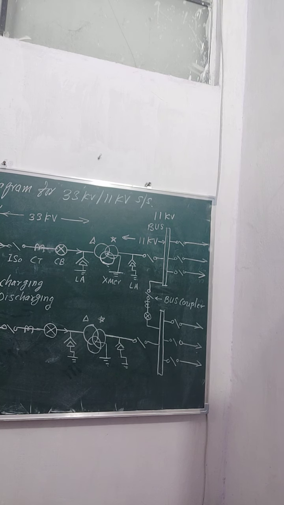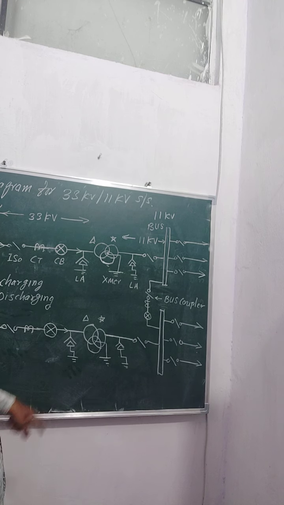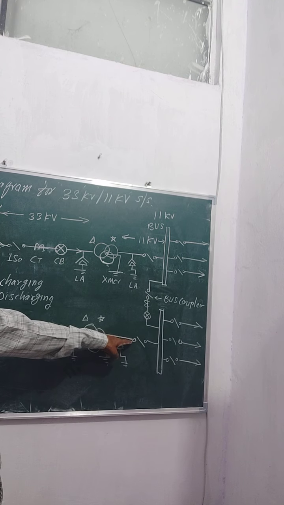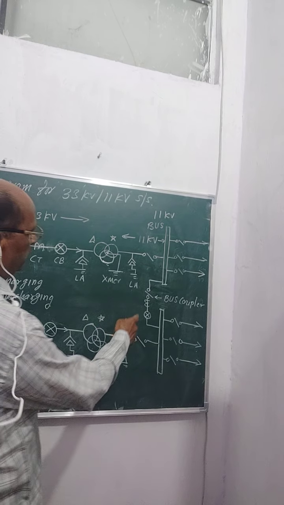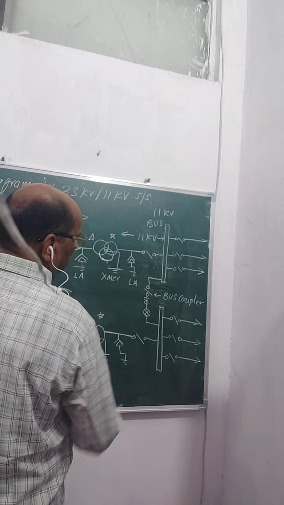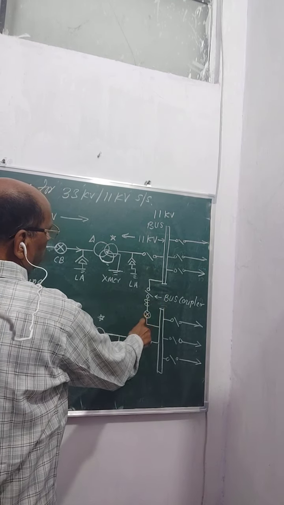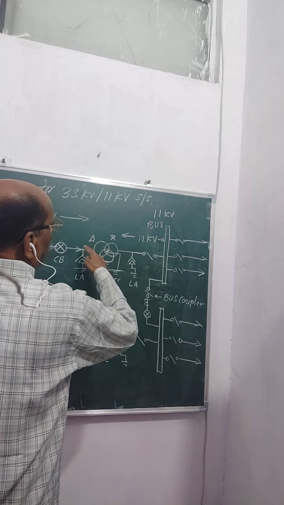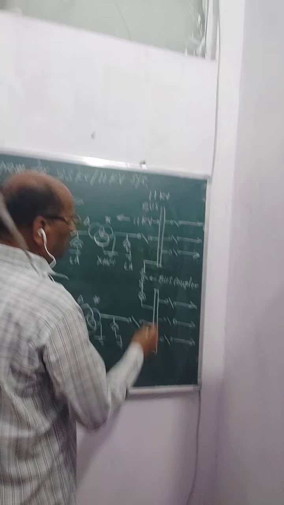Now in case you want to maintain, suppose this transformer, you isolate this transformer from the bus bar. Ultimately we have to supply the load on this feeder also. So you close this isolator and breaker, so supply from this transformer is coming to bus bar number 2.